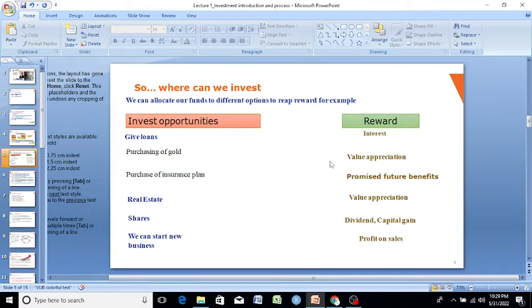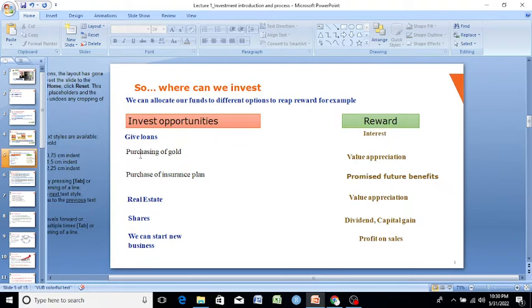So where can we invest? We can allocate our funds to different options to reap rewards. For example, there are many investment opportunities where you can invest your borrowings or your savings. For example, give loans, and the reward of this investment avenue is interest. So if we invest our funds, our savings, in loans, we will receive interest at time t plus 1.